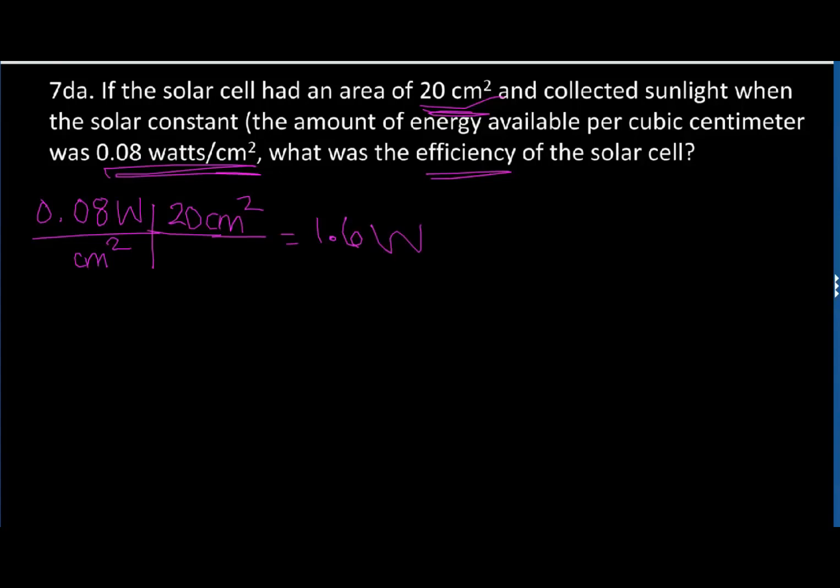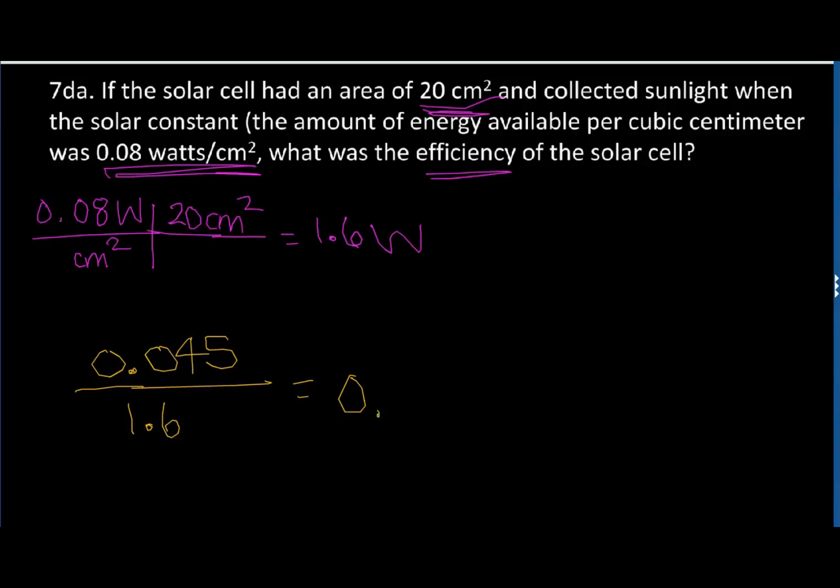And then we want the efficiency, so we're going to take that answer we got in 7D, the previous part. So we're going to have 0.0045 on the top, because the smaller number always goes on the top when we're doing efficiency.